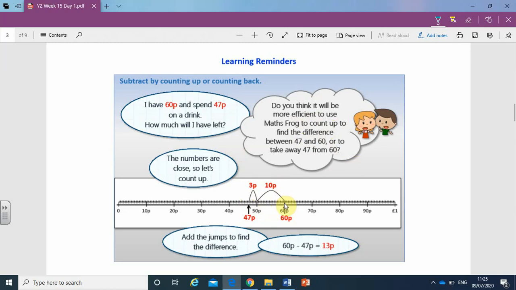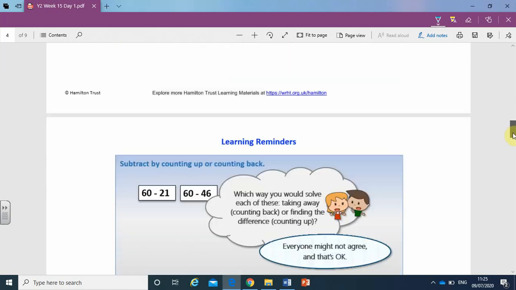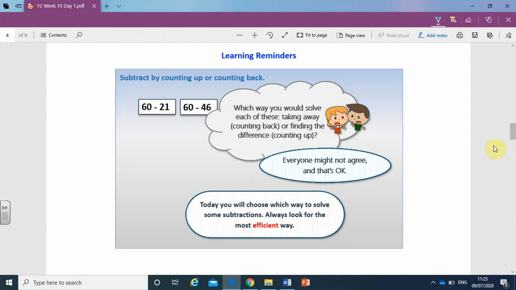On this one, it wouldn't be better to start at 60 and go back 43, like 10, 20, 30, 40, 41, 42, 43, 44, 45, 46, 47, I'm at 13. That isn't as easy as going forward. So look for the easiest, closest way. You might use a number line, or you might be able to do it mentally as a mental strategy.